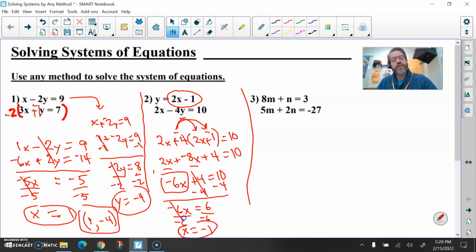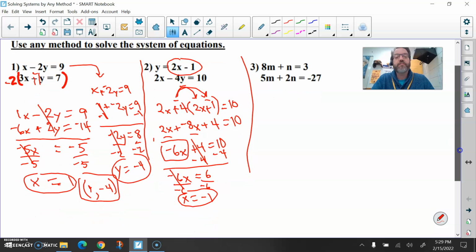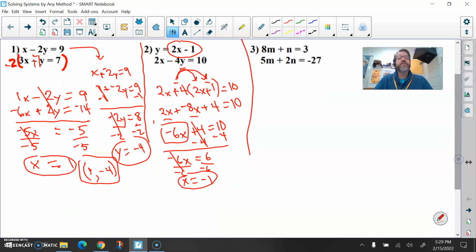Okay? I'm starting to run a little low on space here, so let me bring this up on the screen a little bit. Now that you know x equals negative 1, let's substitute that into the first equation up here. Put negative 1 in for x, and let's solve that, and then we'll know what y equals.